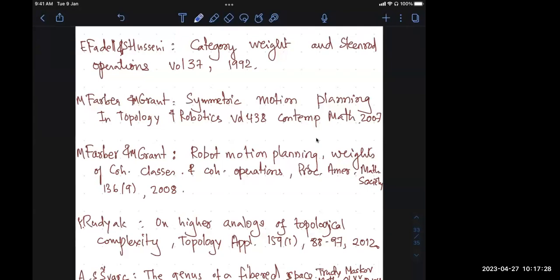The lens spaces can be thought of as total spaces of fiber bundles, and there they use the upper bound on the total space of fiber bundles, which is less than the TC of the fiber times cat of the base space cross base space. So there they use this upper bound to compute the exact value, which is the same as 2 times the dimension.